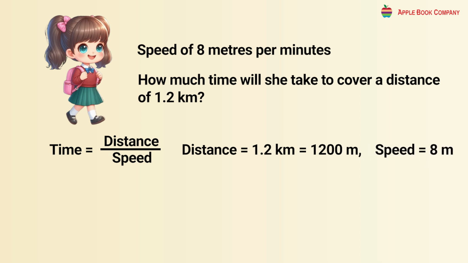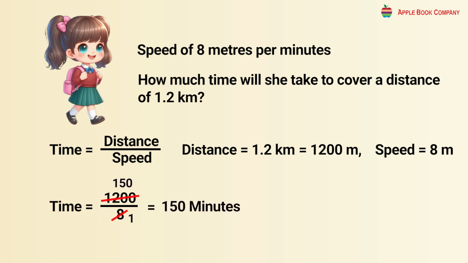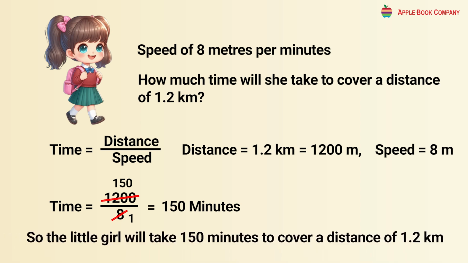Speed is 8 meters per minute. Therefore, time is equal to 1200 meters divided by 8 meters per minute, which is equal to 150 minutes. So the little girl will take 150 minutes to cover a distance of 1.2 km.